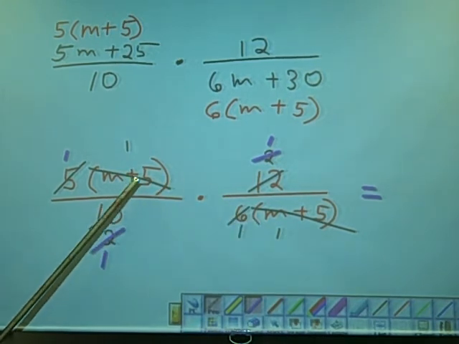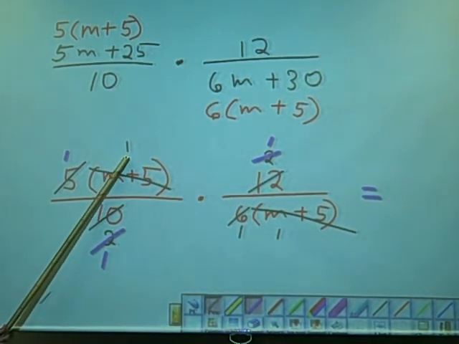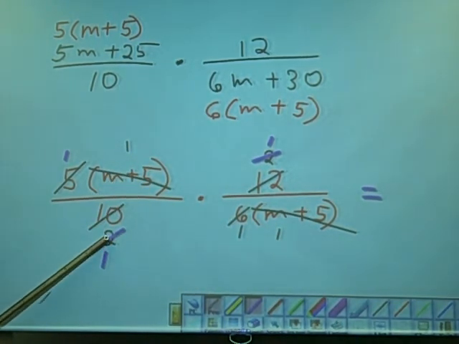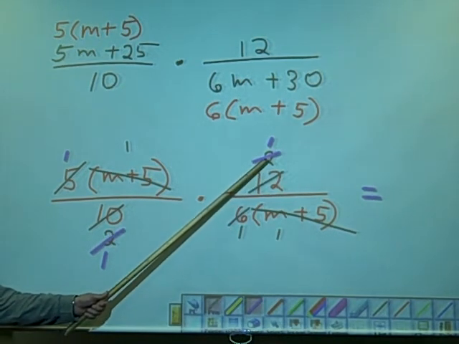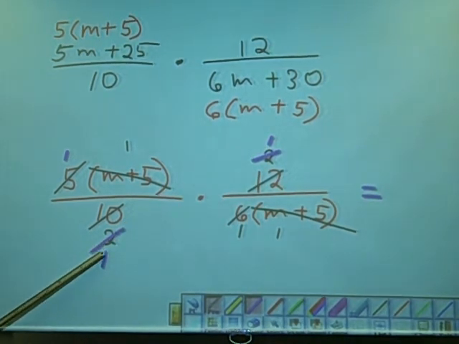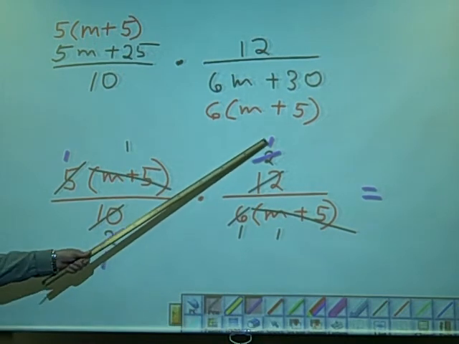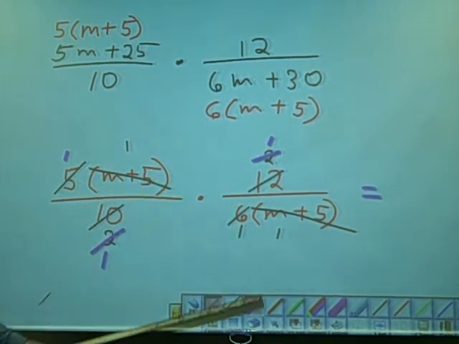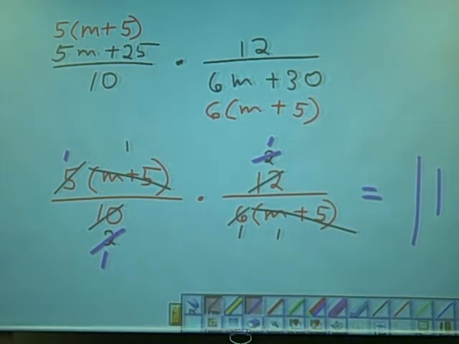The m plus 5s, they're going to go into each other 1 time. The 6 and the 12, that went 2. And then the 2s, they go into each other 1 time. So all that's left are 1s. So when everything cancels, you have 1 left. Alright? Questions with that?